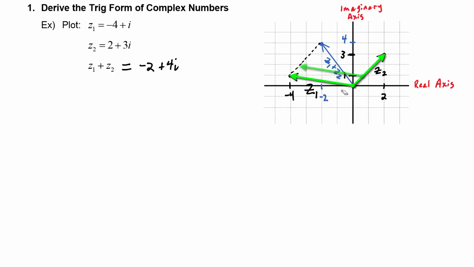Opposite of z1, we would draw a side that is parallel and equal in length. So you can see that adding the two complex numbers is just like adding vectors in that we could make the parallelogram, and the resultant, which is the sum of the two vectors, is the diagonal.